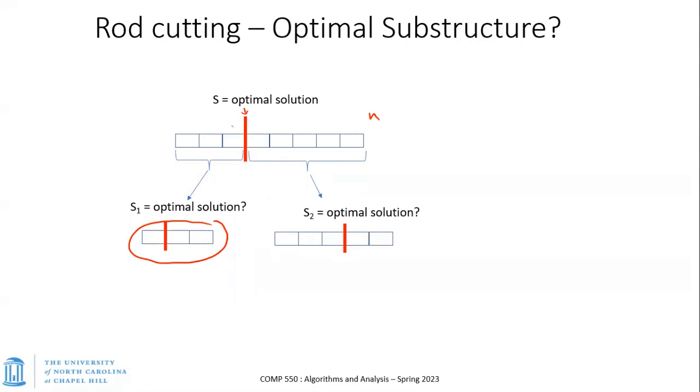Think about this. Would the rod cutting problem have optimal substructure or not? If it's yes, then you'll have to prove it as well, and you have to think about what technique you would use to prove this.